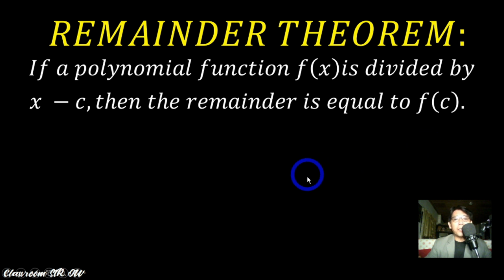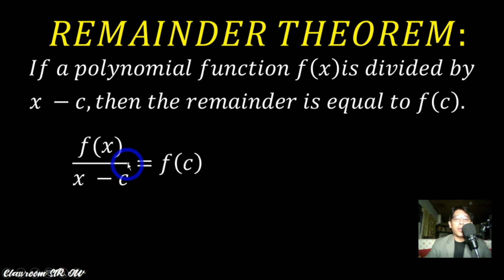So in symbol, when a polynomial f of x is divided by a binomial x minus c, the remainder is just equal to f of c, wherein that c is actually the value for x that we are going to evaluate.